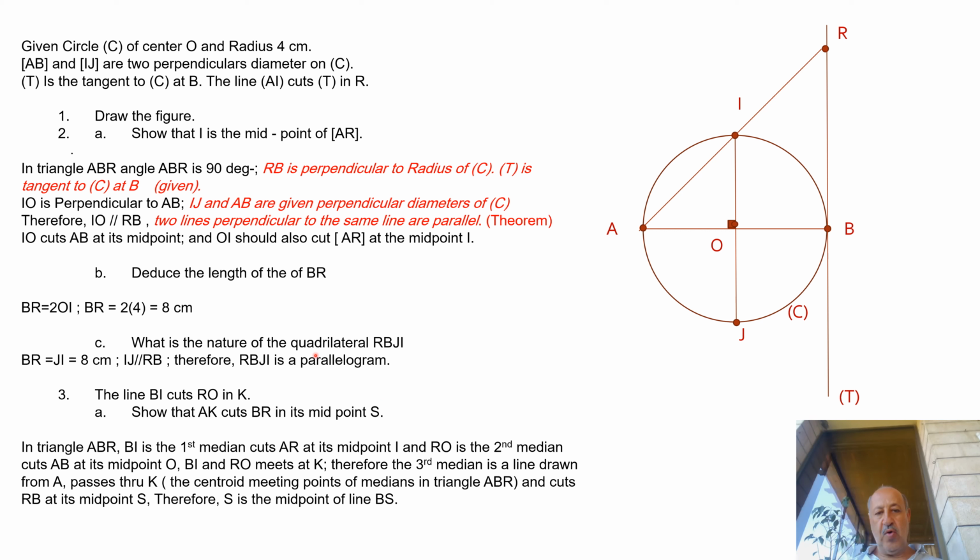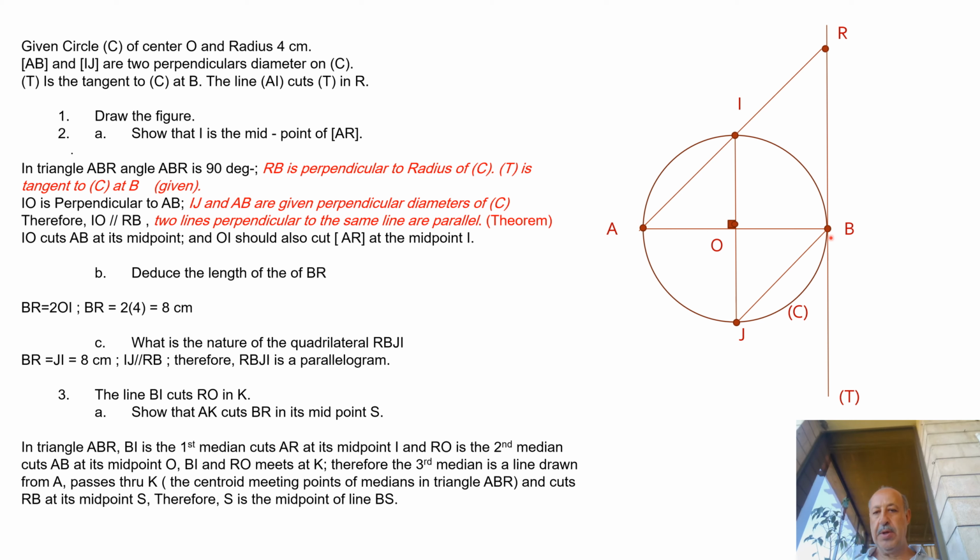What is the nature of quadrilateral IRBJ? Let's draw IRBJ first and see what the nature of this quadrilateral is. It is a parallelogram. Why? BR is parallel to IJ, like we said, two lines perpendicular to the same line are parallel.